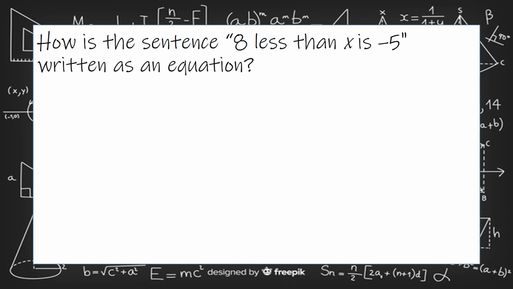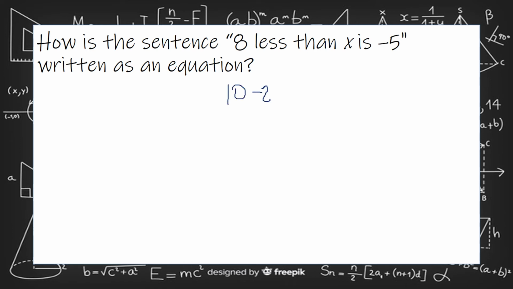How is the sentence 8 less than x is negative 5 written? Well, when I think of these, if you have $10 and your sister has 2 less than you, she would have 8, because that's 2 less than your $10.